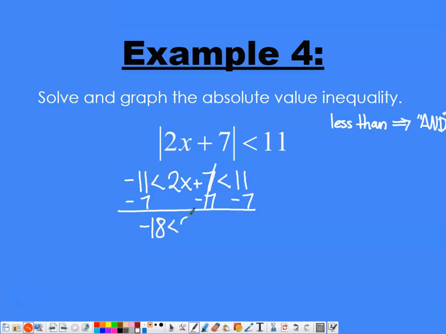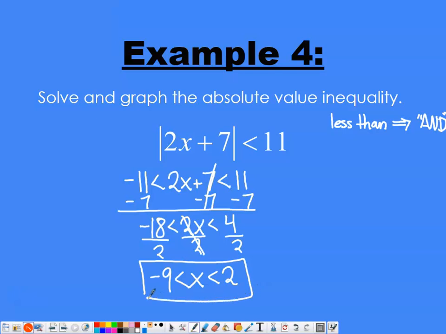Negative 18 is less than 2x is less than 4. Divide by 2. So we have negative 9 is less than x is less than 2. I'm always going through that self-check: it's from least to greatest, it's less than less than. That looks good to me, so that is our answer.